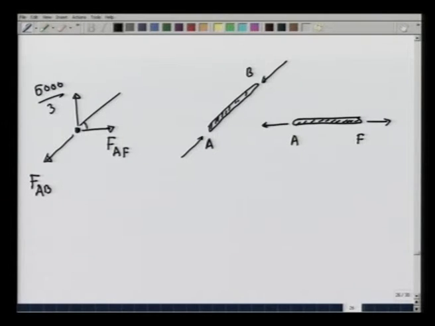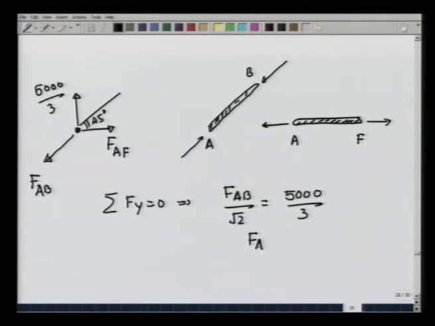Let us now calculate these forces. This angle is given to be 45 degrees. Summation Fy is equal to 0 gives me F AB over root 2 equals 5,000 over 3, or F AB equals 5,000 root 2 over 3 newtons.